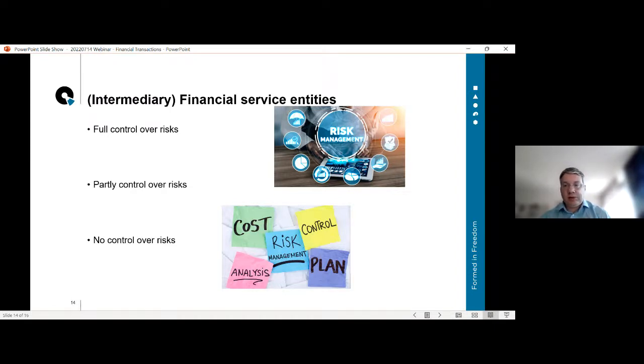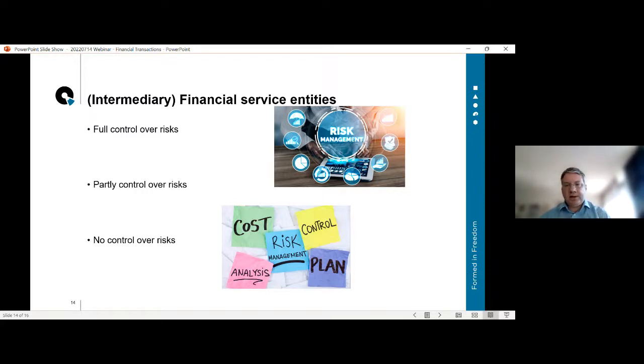So just, let's say, administrative activities and some day-to-day management activities that do not include any key decision-making aspects in terms of controlling a credit risk, controlling debtor risk or market risk.